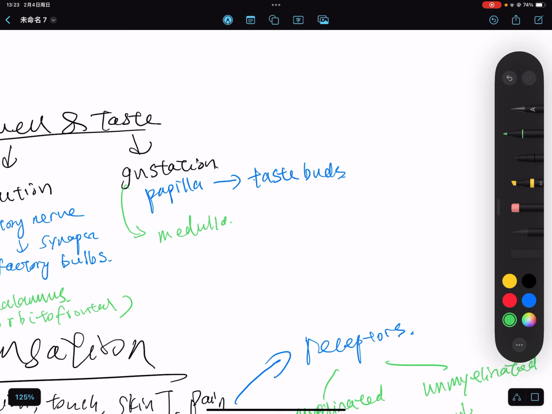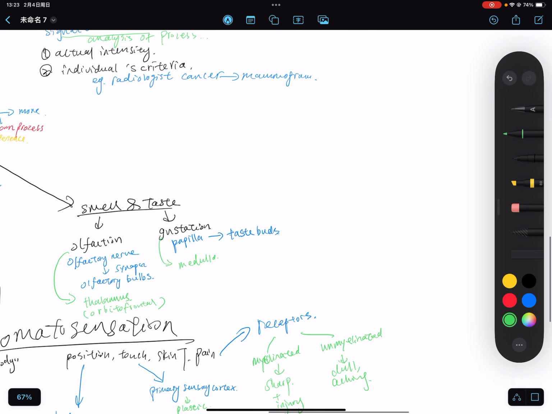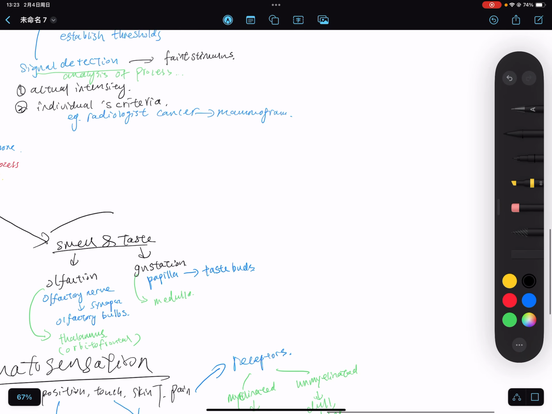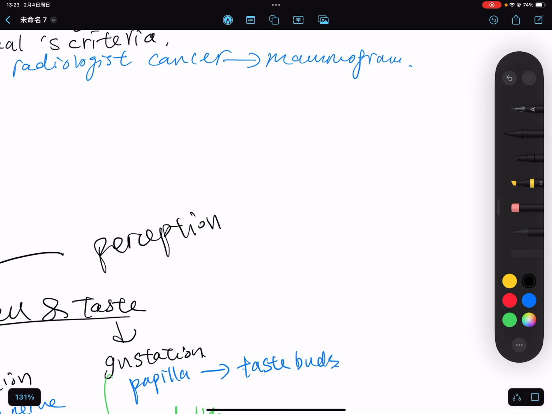We mentioned it last chapter. So for the perception of this, I can conclude: first, we can easily identify complex stimuli combining many types.